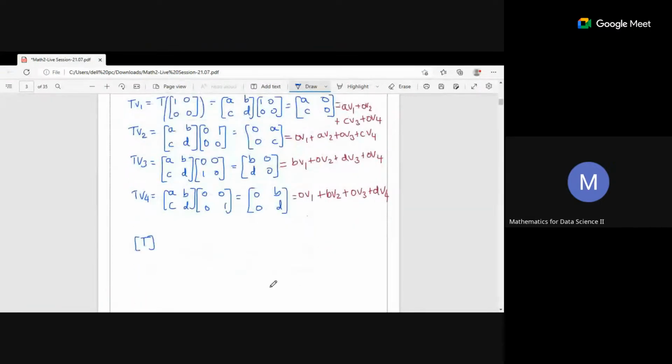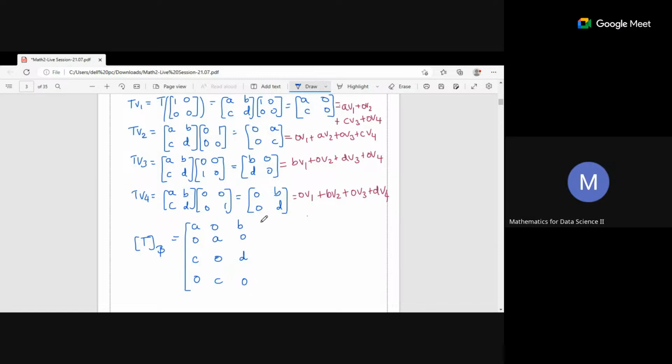So T with respect to beta is given as A, 0, C, 0, all the coefficients of V1, V2, V3, V4. And here 0, A, 0, C. And then B, 0, D, 0.